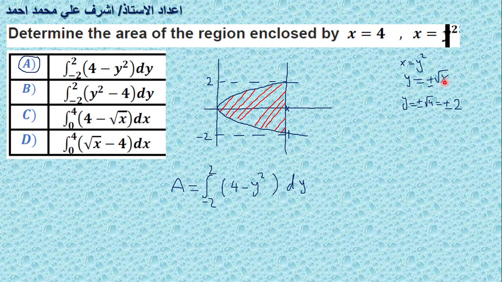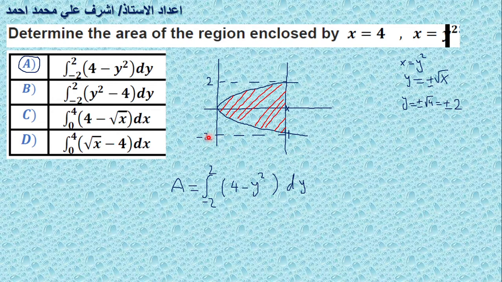When you substitute x by 4, y equals positive or negative radical 4, which is 2. So y changes from negative 2 to 2.